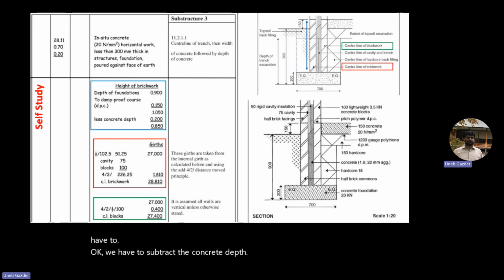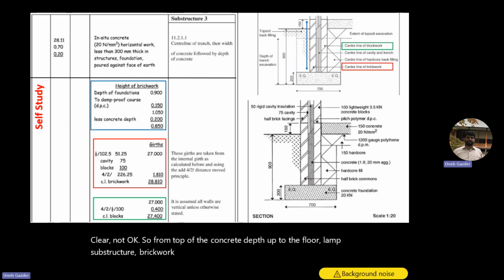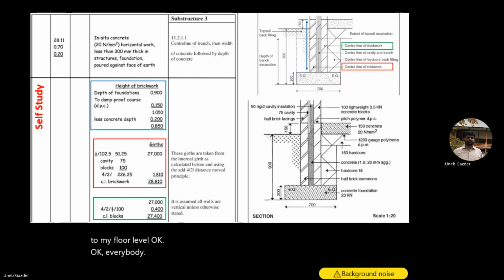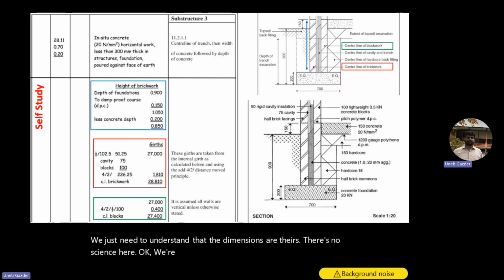Clear or not? So from the top of the concrete up to the floor level, for substructure brickwork or blockwork, the height is the same. There is no science here; we're just reading the numbers. So I want from here up to here.